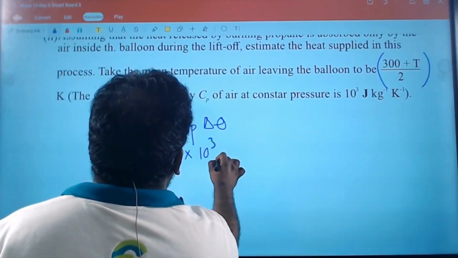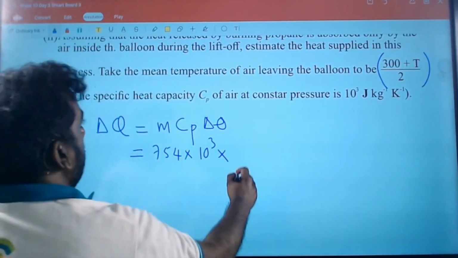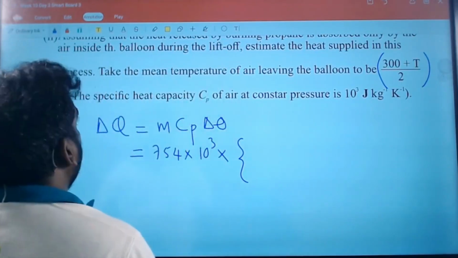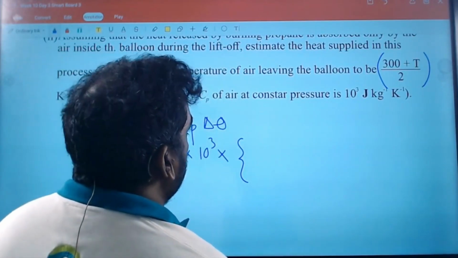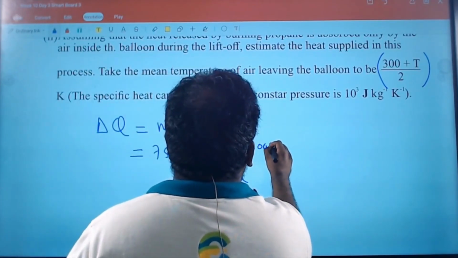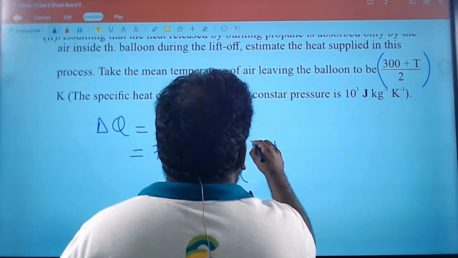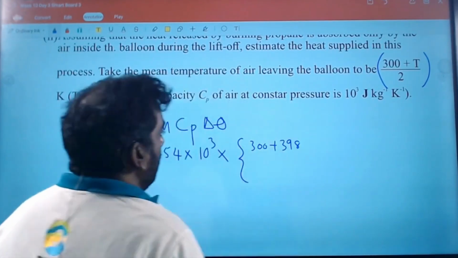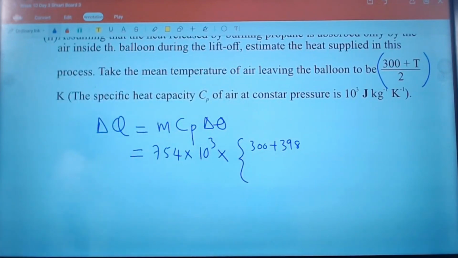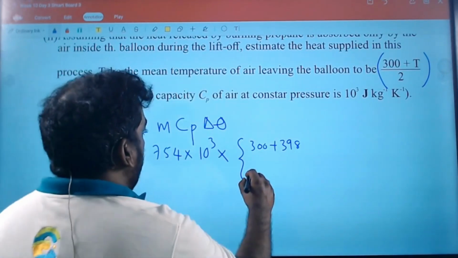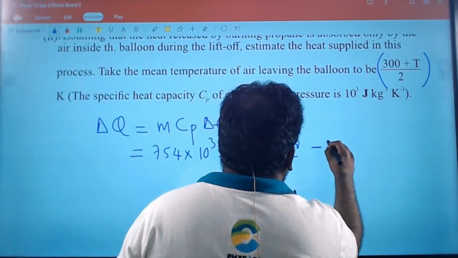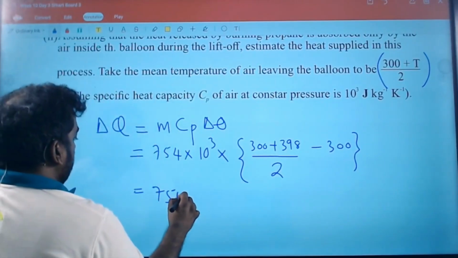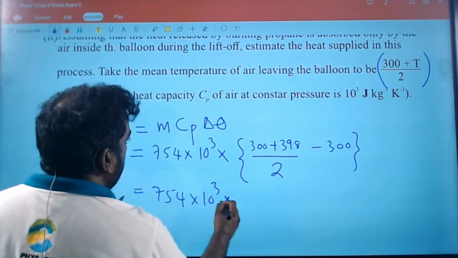Specific heat capacity 1000. Change in temperature: 300 plus the temperature leaving, 398 approximately, divided by 2 minus 300 Kelvin. 754 times 10 to the power 3.